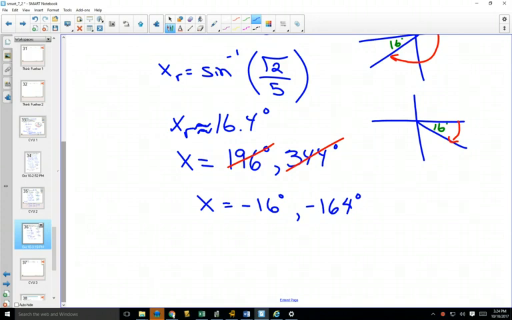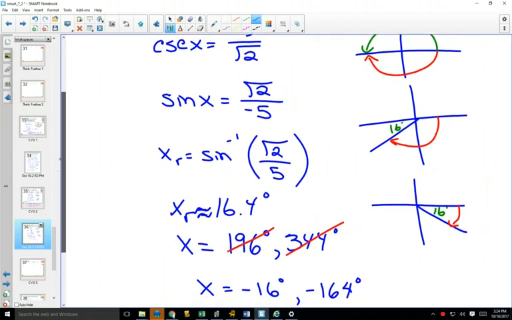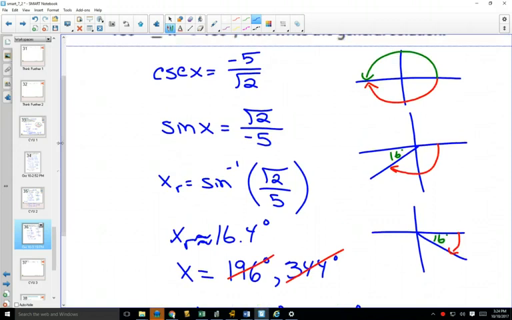Why did those cancel out? In the drawing part, how did I get the arrows? Okay. When I had 196 and 344, I can show those with green arrows because they're positive angles. The 196 would be 180 plus 16. And the 344, which is this angle, would be 360 minus 16, because 360 is all the way around minus 16.